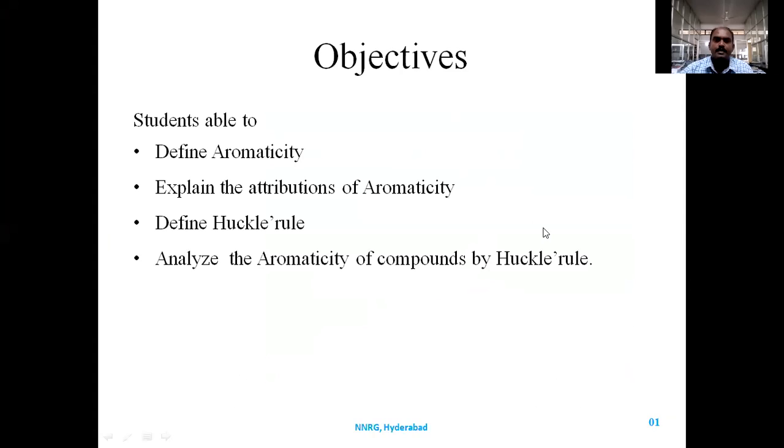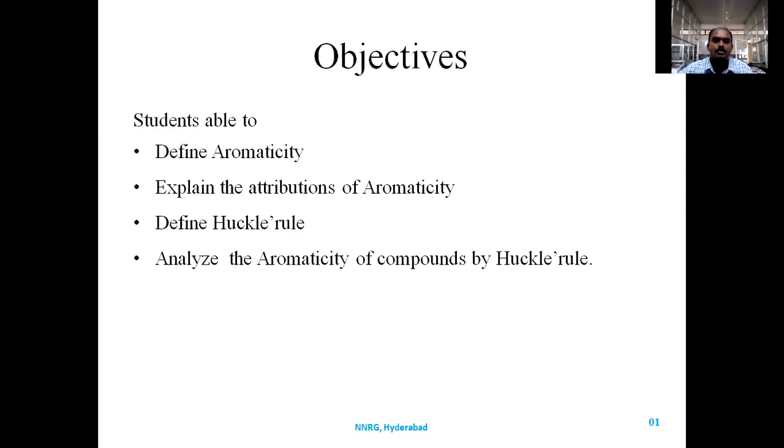So, in the topic aromaticity, the main objectives here are that the student is able to define aromaticity, explain the attributions of aromaticity, the common features of all aromatic compounds which confer aromaticity, define Huckel's rule, that is 4n plus 2 pi electrons, the number of electrons present in aromatic compounds, and analyze the aromatic compounds by Huckel's rule.